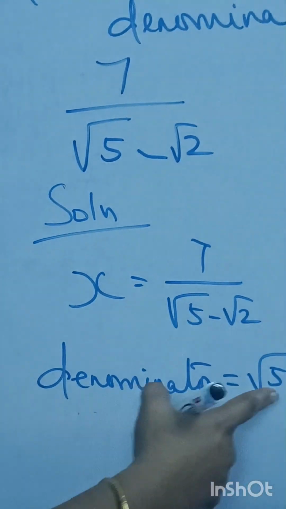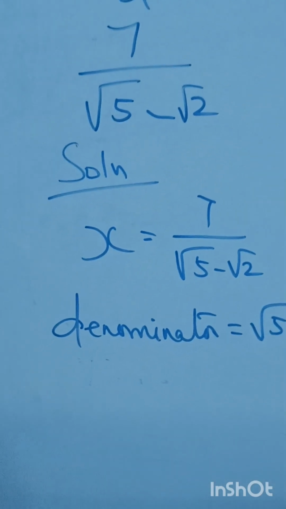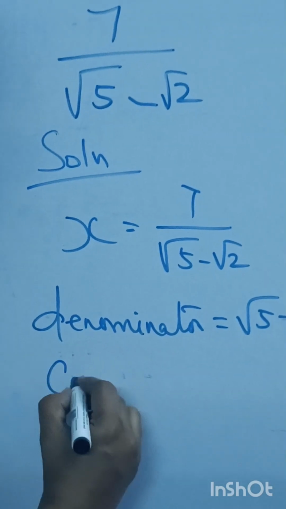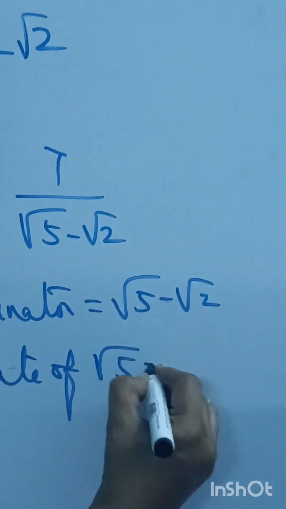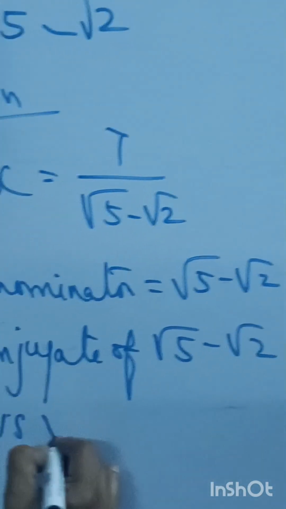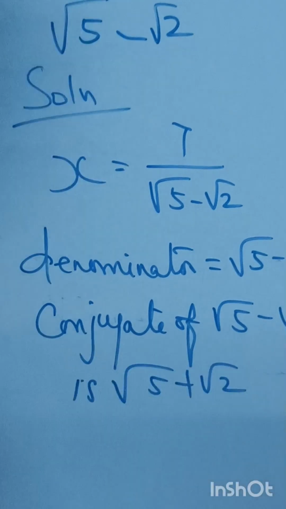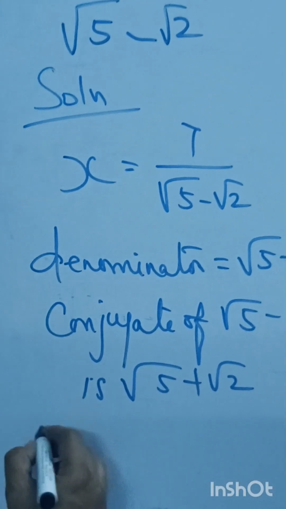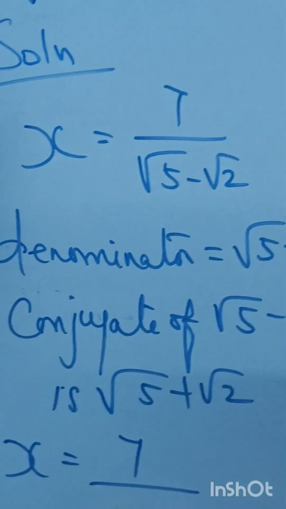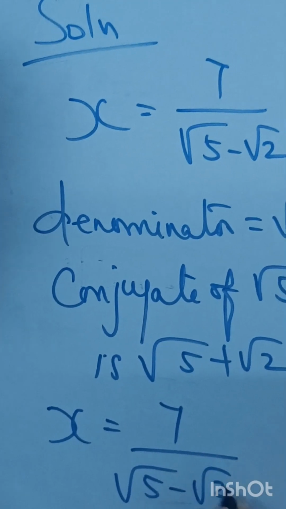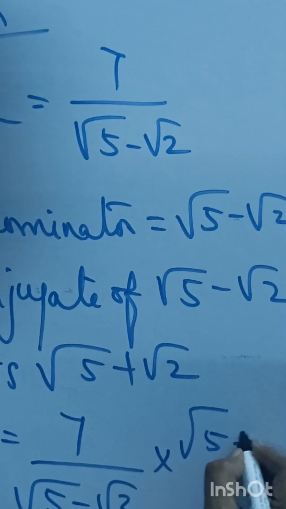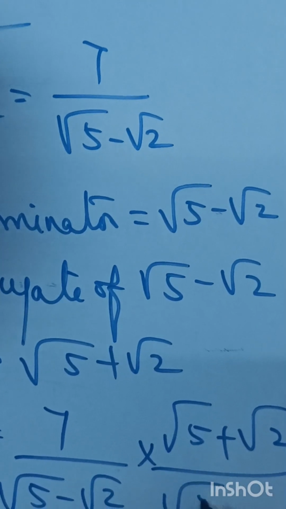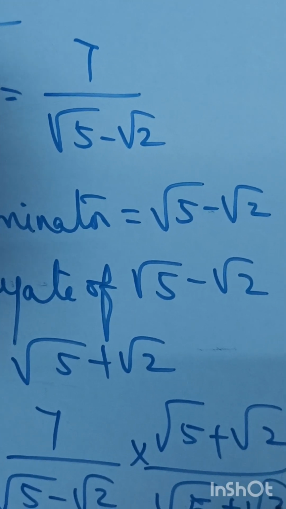And what is the conjugate of the denominator? The conjugate of root 5 minus root 2 is root 5 plus root 2. Now, x is equal to 7 divided by root 5 minus root 2. Multiply numerator and denominator by root 5 plus root 2 divided by root 5 plus root 2.